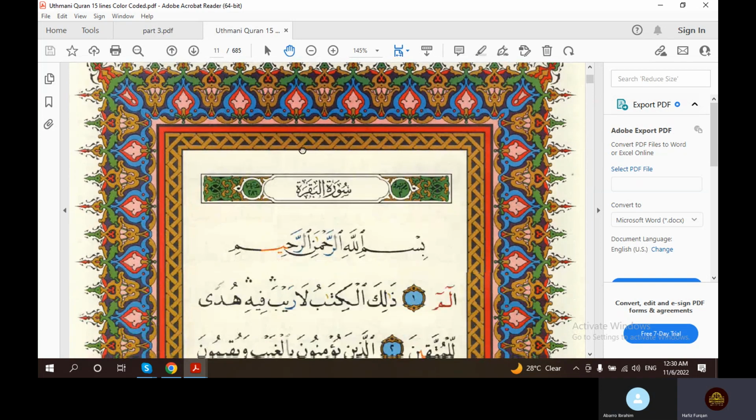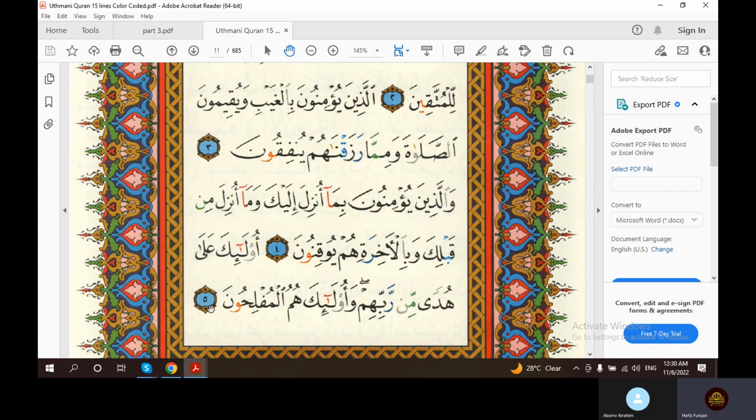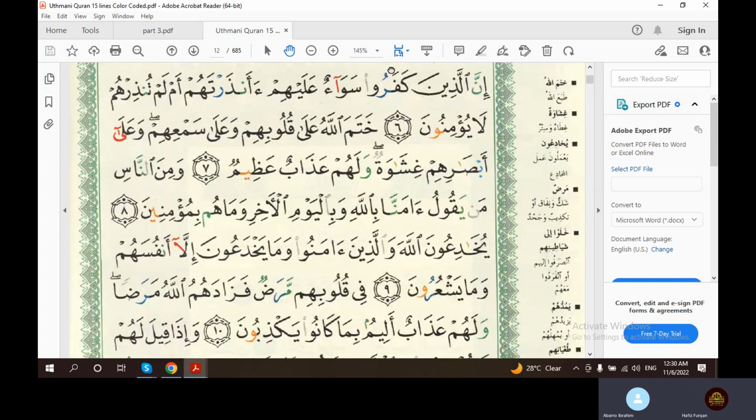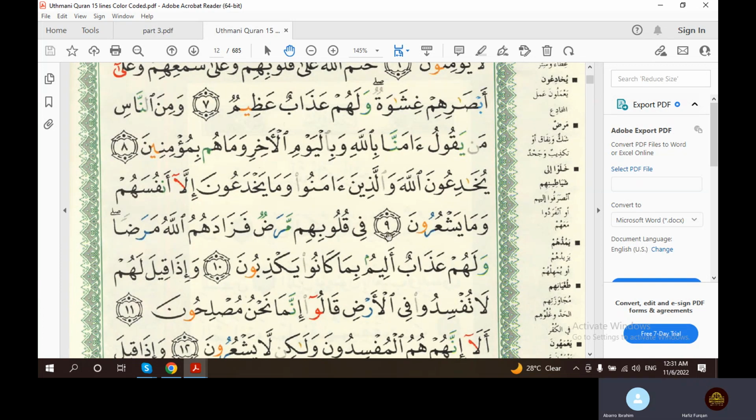Okay. And if you look here, there are many. This, that, and this. And on the next page, you see this with a different color. So this is a small circle, this is a small circle.